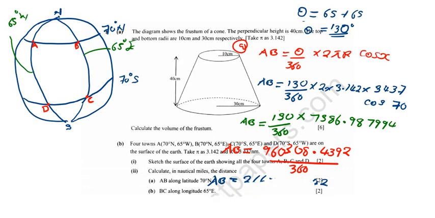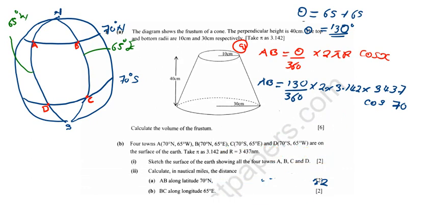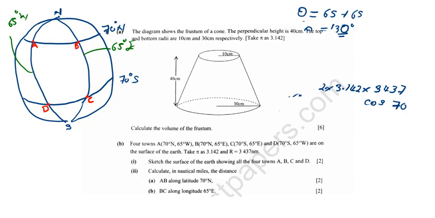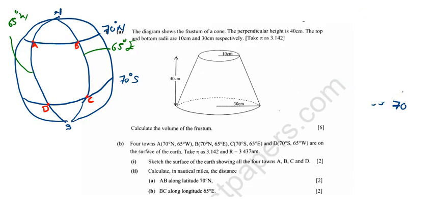Finding our part B, we want to find BC, the distance BC along the longitude 65 degrees east. So this is our B, and we want to find BC.